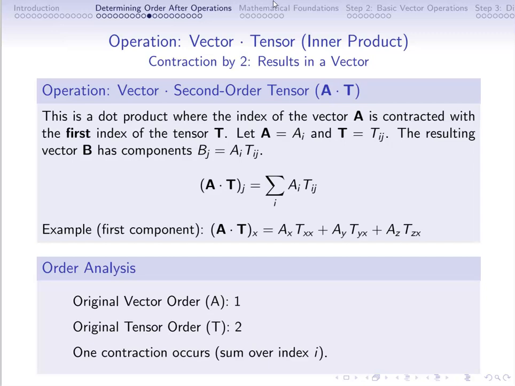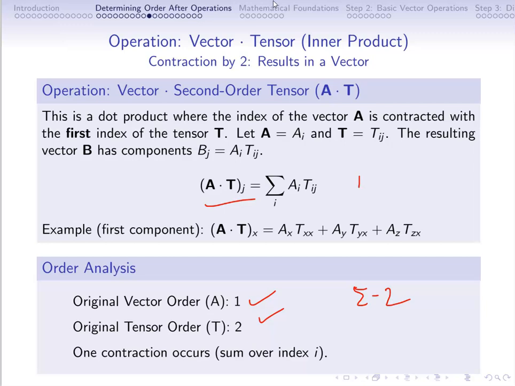Now another operation, vector tensor operation, inner product. So vector and second order tensor, a dot T. If I do that, one component summation of a_i T_ij. Now here the original vector order is 1, tensor is 2. Now dot is there, dot means minus 2.